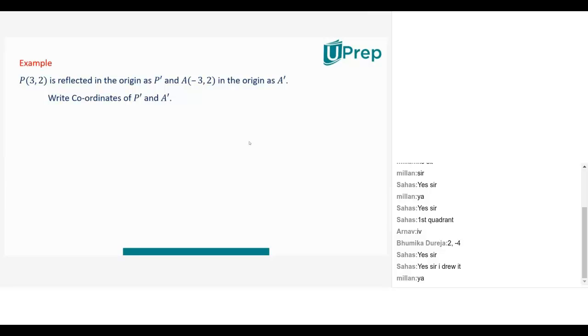Which quadrant is A -3, 2? Original point, which quadrant is it? Second quadrant. So where will the image go? Fourth quadrant.